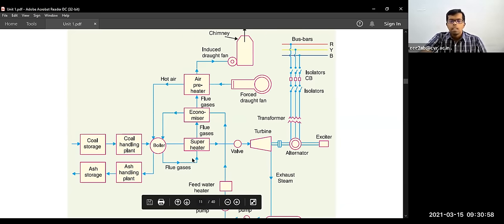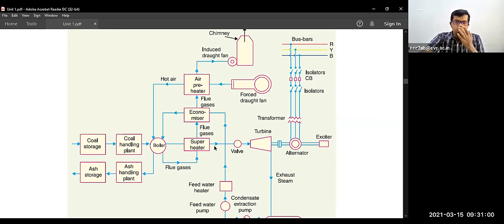Okay, so the flue gases pass to the superheater. Some heat is extracted there, and this is the first stage of extracting heat. Again the same flue gas, for example, if you take a tube, this is the tube which is carrying the steam.